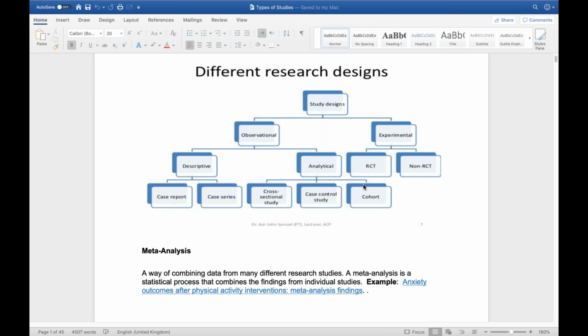I'll give you an example. Something like cervical cancer is relatively common. So you can decide if you want to study the causes of cervical cancer. You can decide that you will go to the people of Liverpool, for example, and follow them over time and see how many of these women develop cervical cancer.